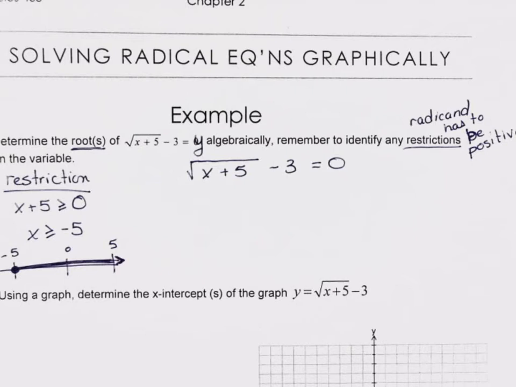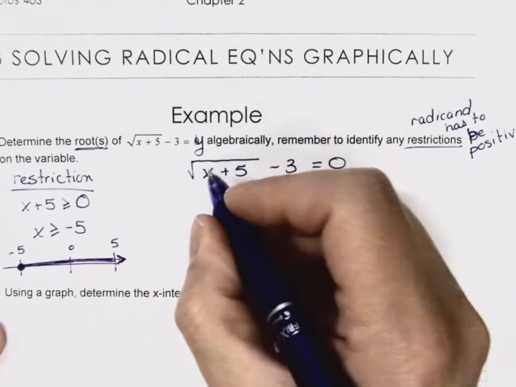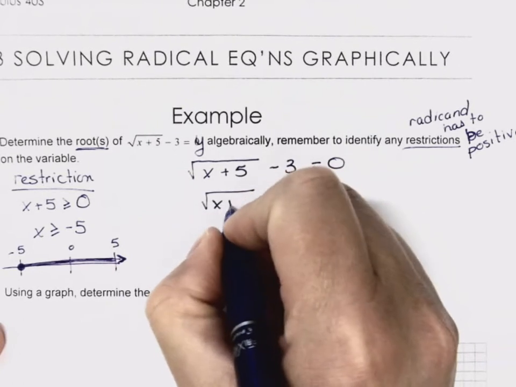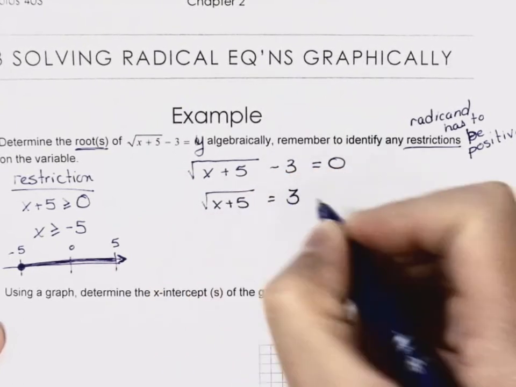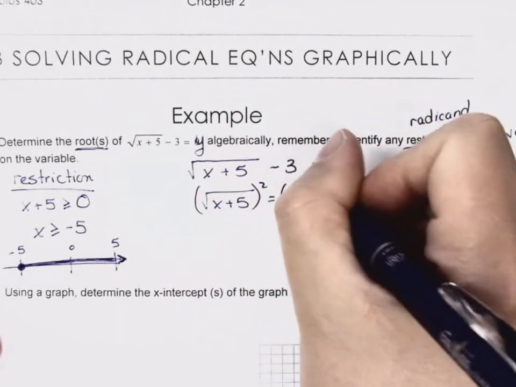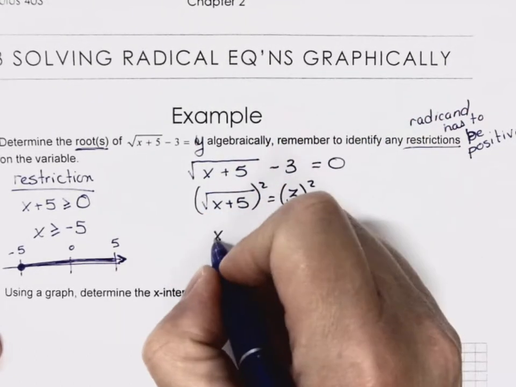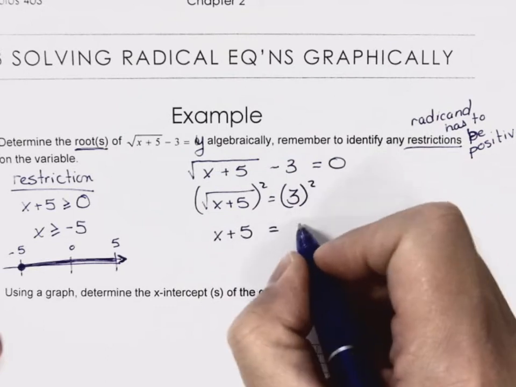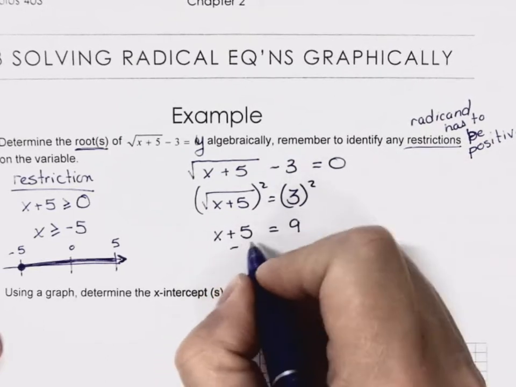Okay, so what am I going to do first? We're going back to grade 11 on how to solve a radical equation. Step 1 is to isolate that radical to one side. Move the 3: the root of x plus 5 equals 3. Then square both sides, because we want to get rid of that root sign. And we got 9 on the side. Move the 5.